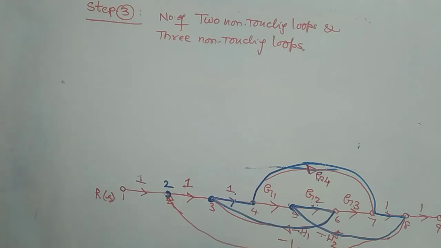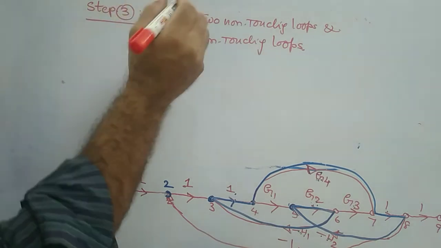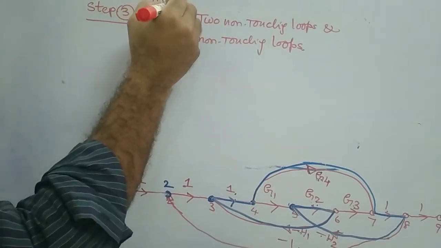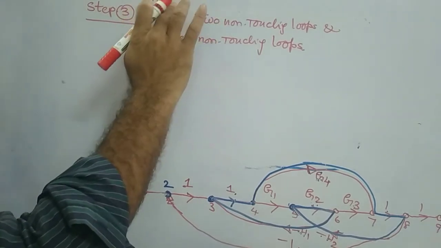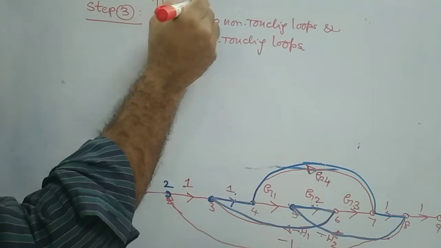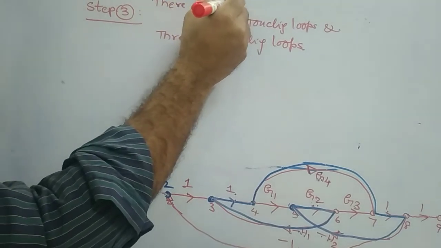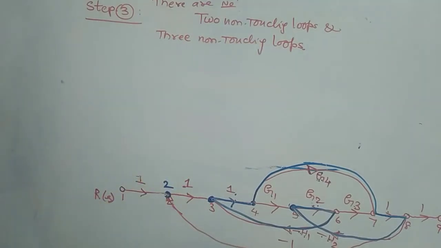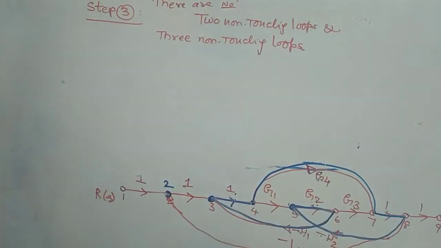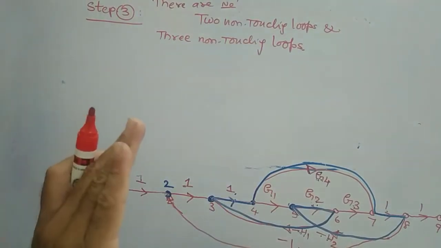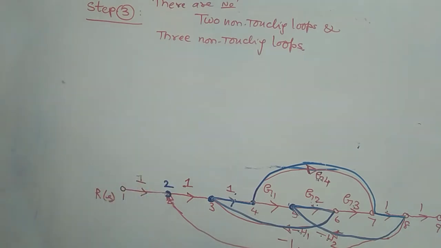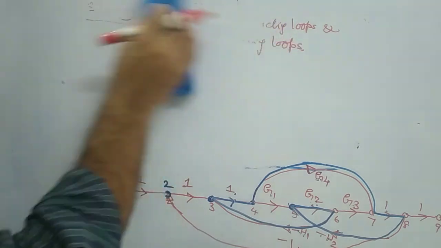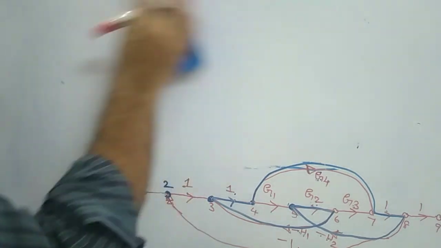Therefore, you can write that there are no 2 non-touching loops and 3 non-touching loops available for the given signal flow graph. Therefore, your step 3 is not at all applicable to this signal flow graph.